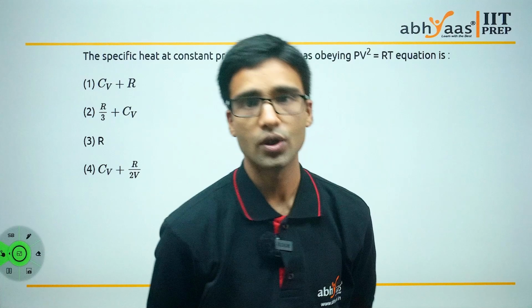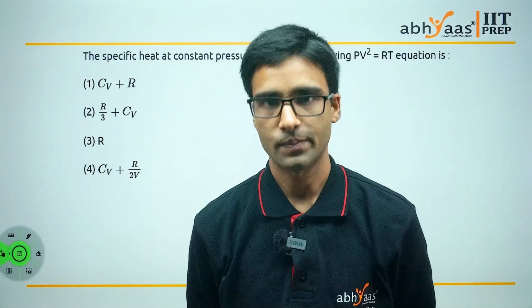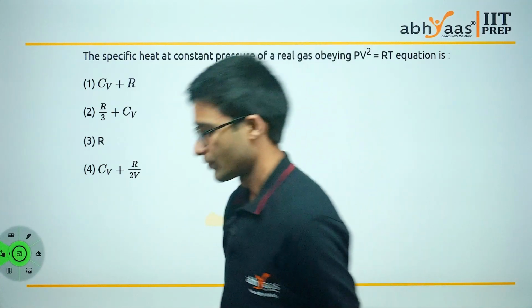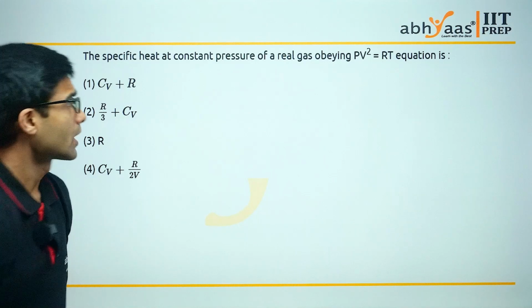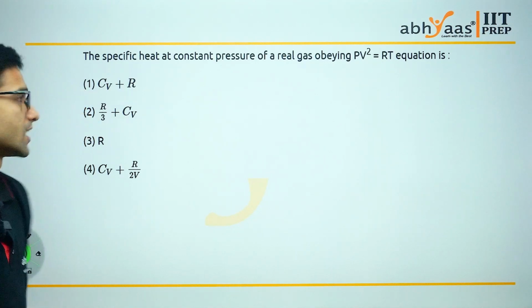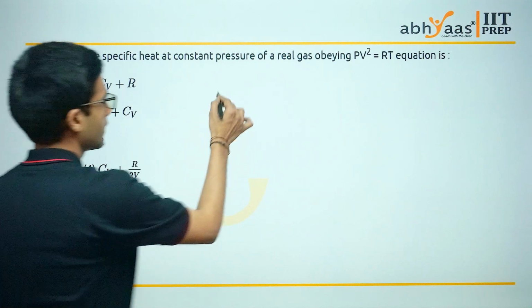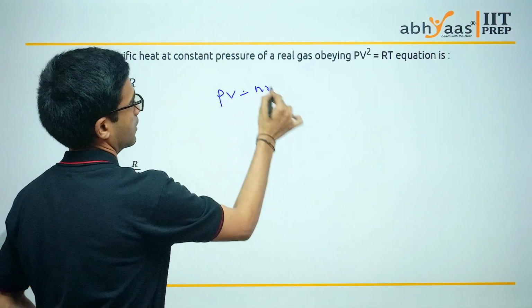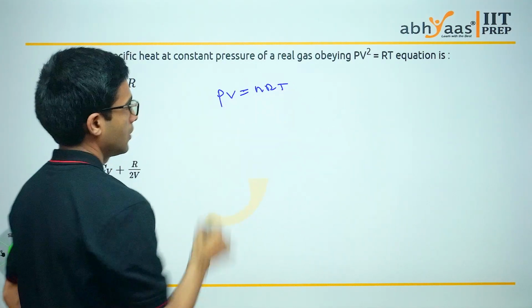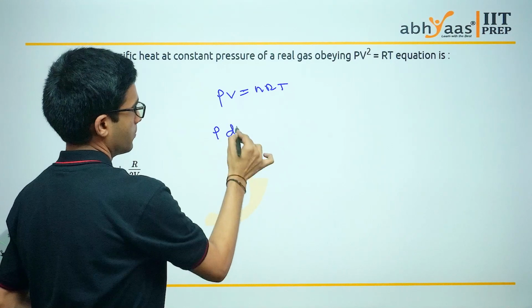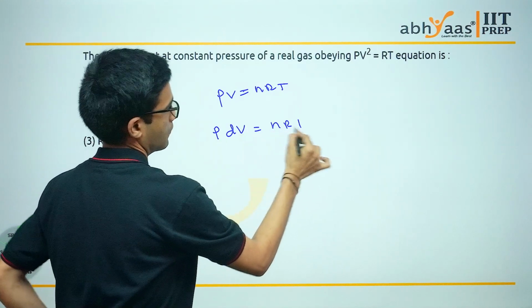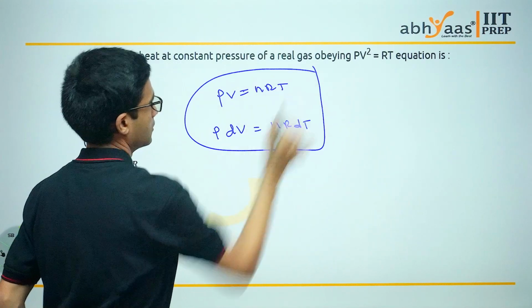You need to calculate the expression for specific heat, given a real gas equation. You know that for an ideal gas, PV equal to nRT. If you do differentiation, P dV equal to nR dT for the ideal gas equation.